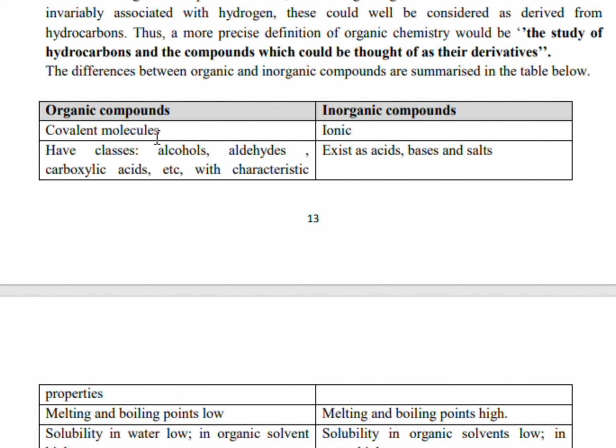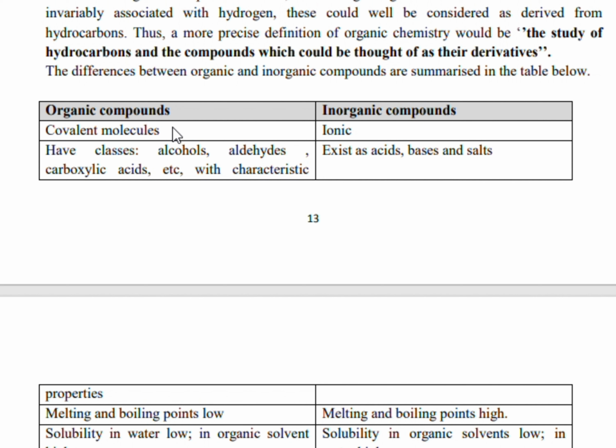So covalent molecules are always found in organic compounds, but ionic compounds are in inorganic compounds. When we are determining the compounds which are covalent, we analyze the difference in electronegativity of the atoms making the compound.